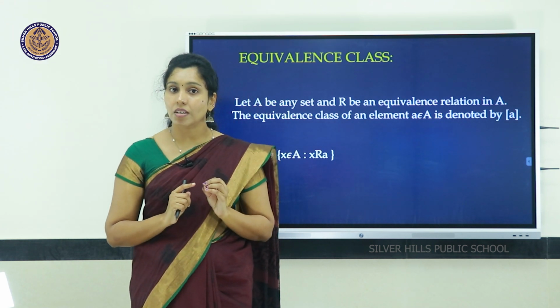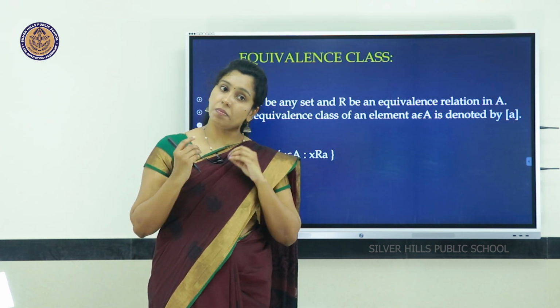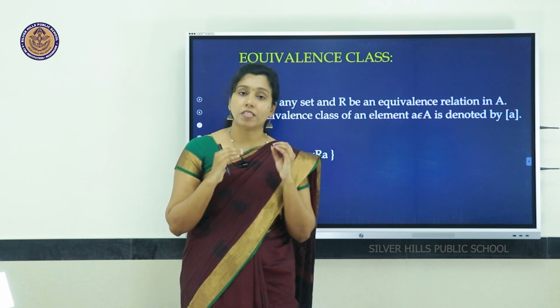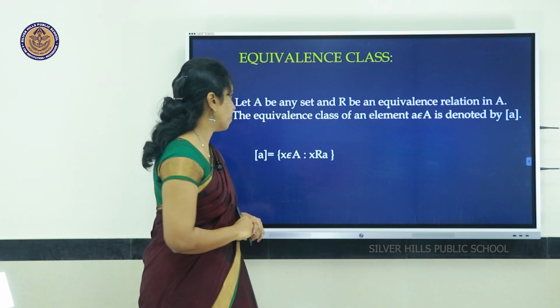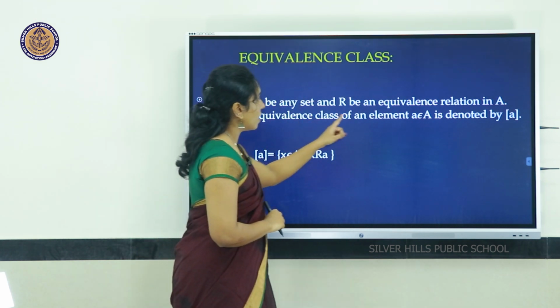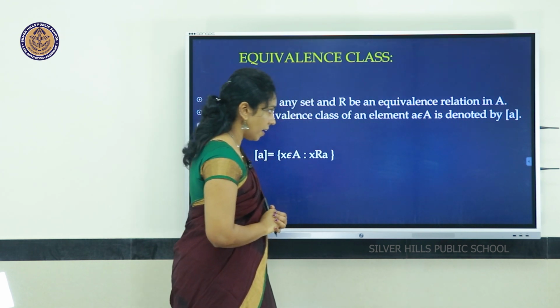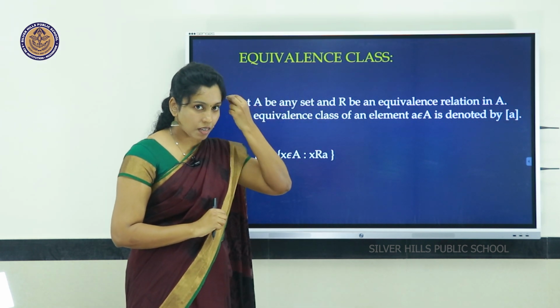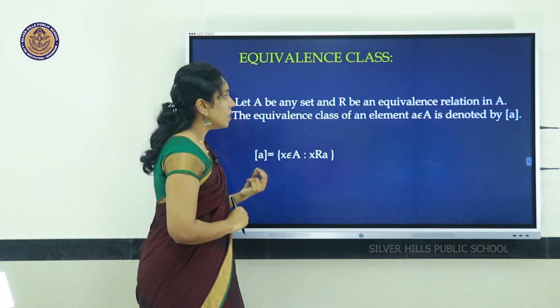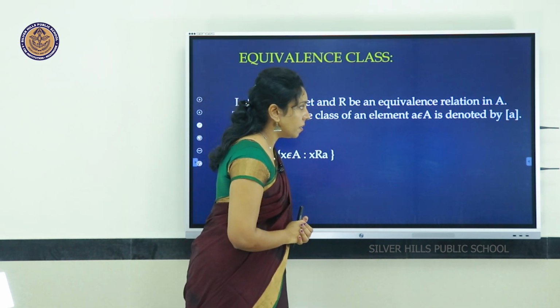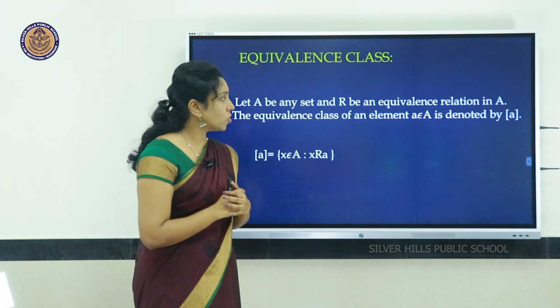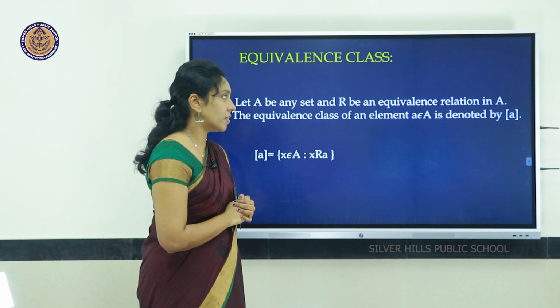What kind of a relation? It is an equivalence relation, meaning a relation which is reflexive, symmetric and transitive. The equivalence class of an element a in A is denoted using a square bracket, [a].